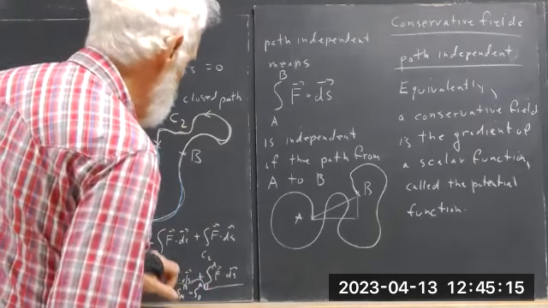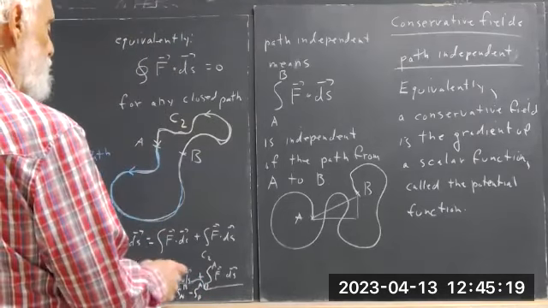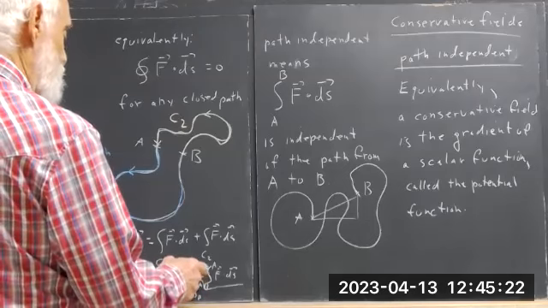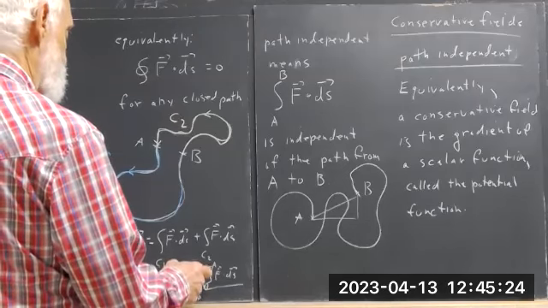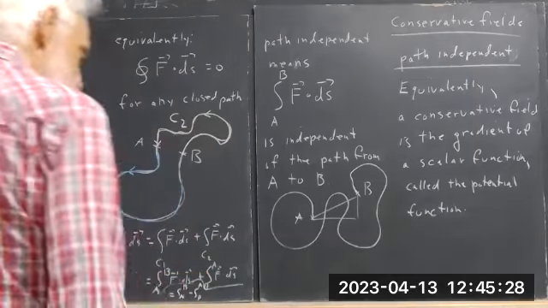Okay, now what this says is that the integral from A to B is equal to the integral from A to B minus the integral from A to B.